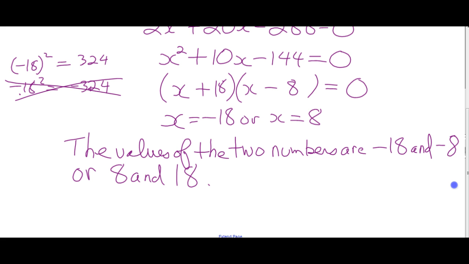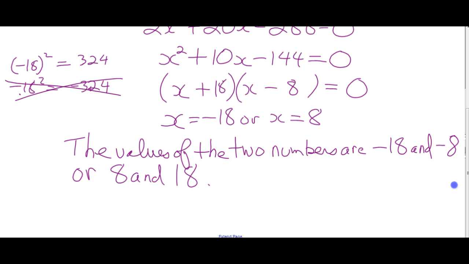Here's how your calculator works. The calculator does order of operations. What's the theme for order of operations? BEDMAS: brackets, exponents, division, multiplication on the same level left to right, addition, subtraction on the same level left to right. It's going to do brackets first, so it takes negative 18 times negative 18, which is positive 324.